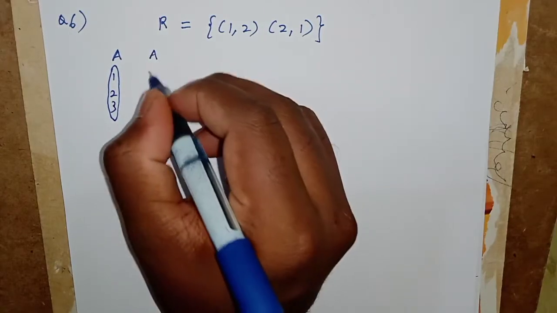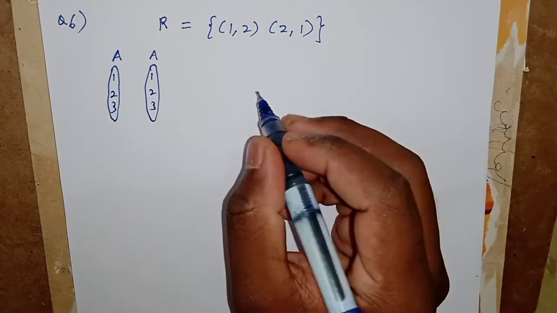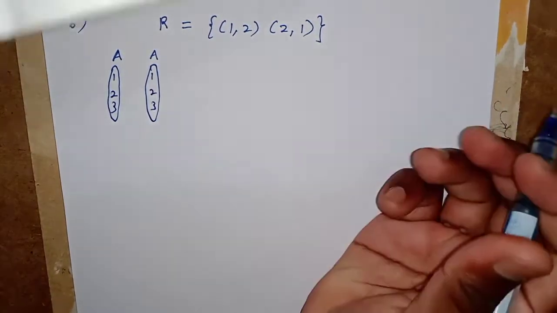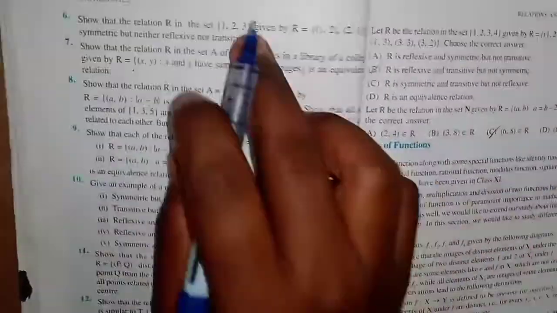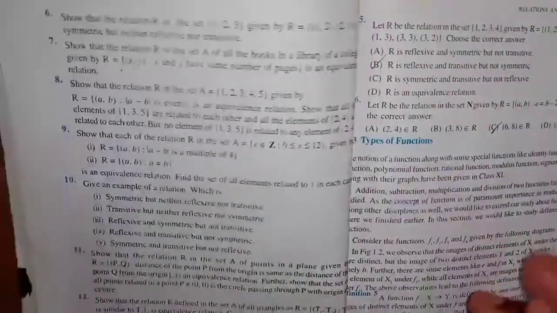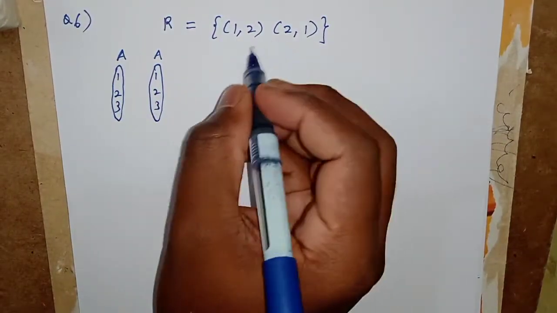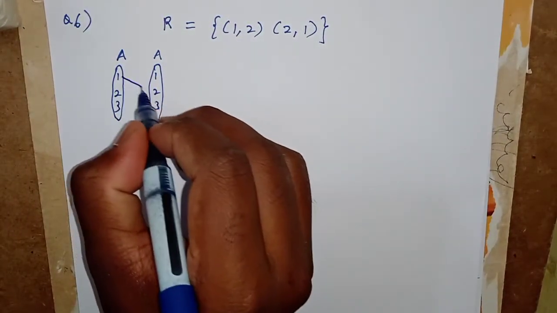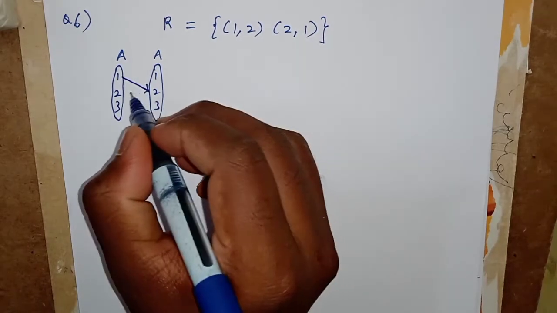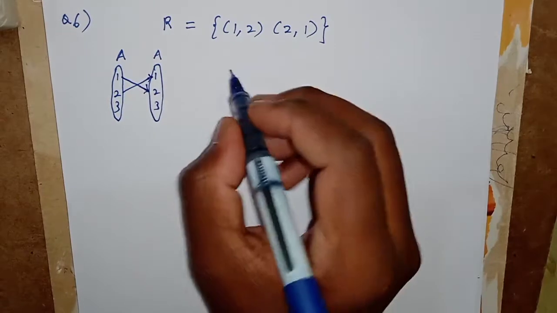But they have given the relation R = {(1, 2), (2, 1)}. Therefore, you have to check those two elements only, (1, 2) and (2, 1).